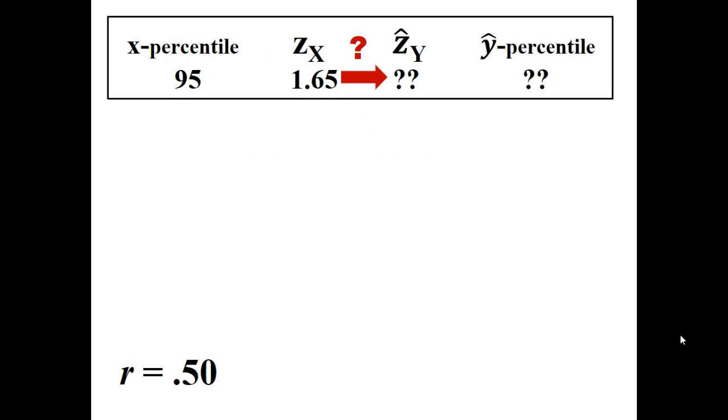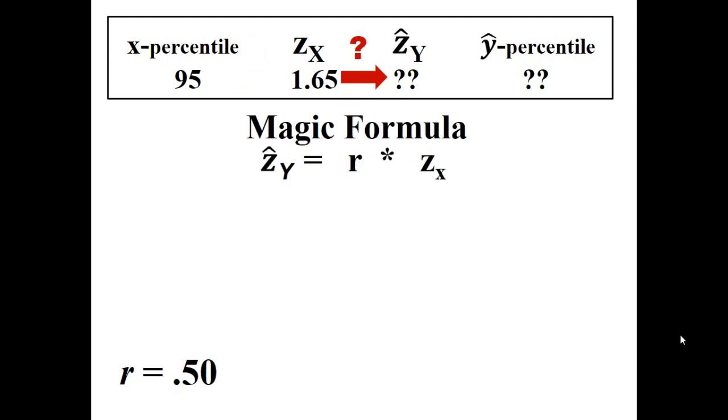Now next, we need to use this z-score to get the predicted value of the z of y. And how are we going to do that? Okay, hope you got this. Right, we're using the magic formula. I told you, it's a magic formula. So we plug in the z of x over here. We plug in r here.